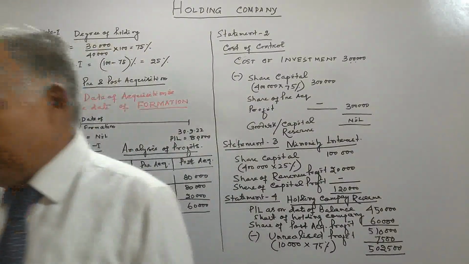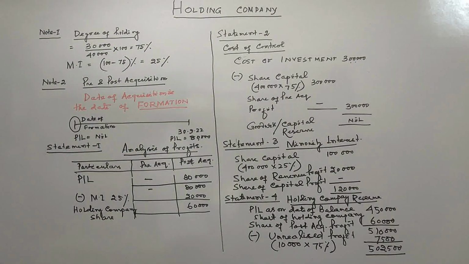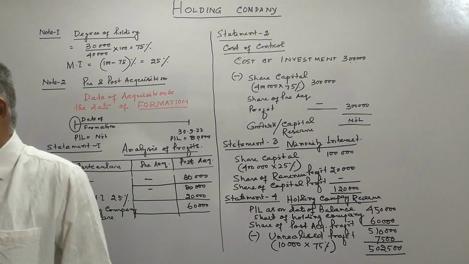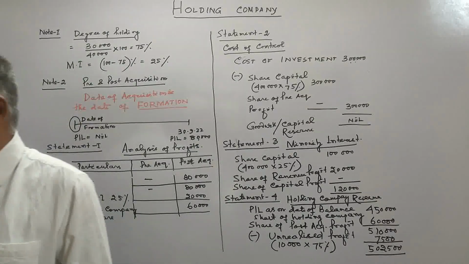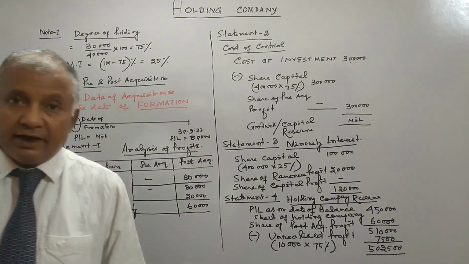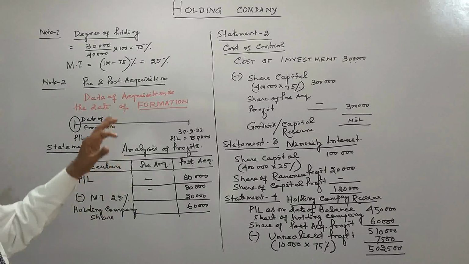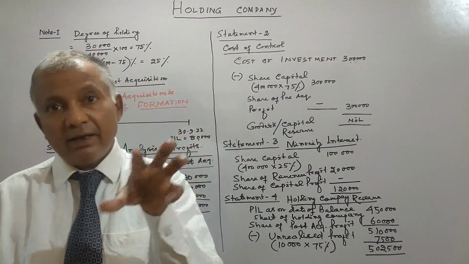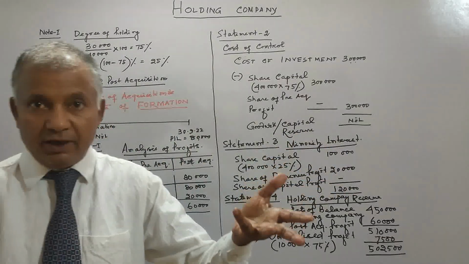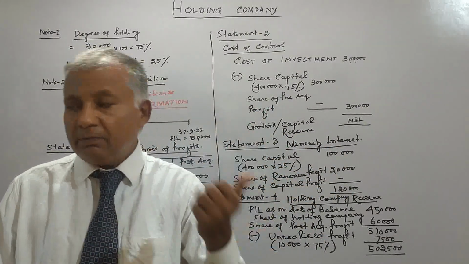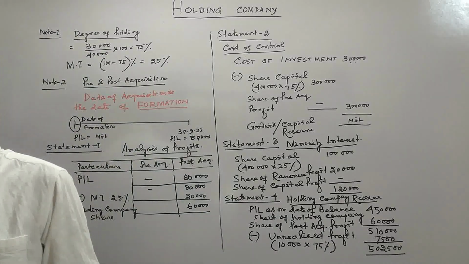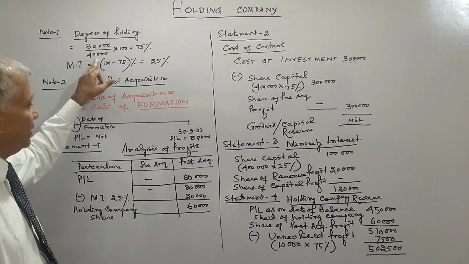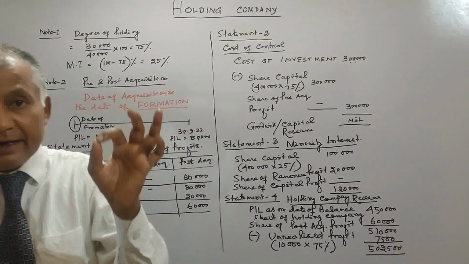If you read the balance sheet, on the asset side of A Limited you will see 30,000 shares in B Limited. What is the total number of shares in B Limited? B Limited share capital is 4 lakh, shares of 10 each.